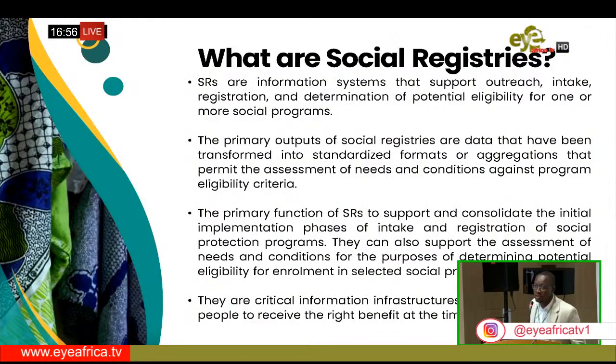Okay, I was saying I will try to save time by skipping some of the slides covered in the other presentations. This slide is meant to bring all of us up to speed about what they actually are: information systems created to help support the initial phase of social protection programs, which is the identification of potential beneficiaries for those programs.